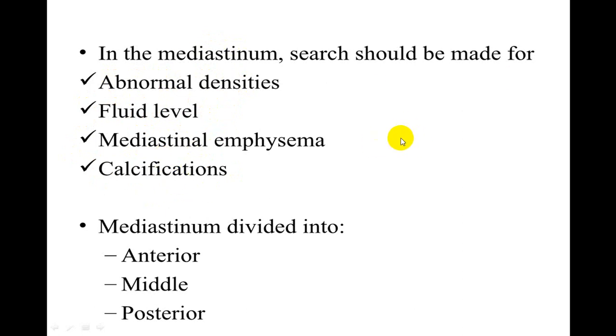And to have a better look and to identify which part or which structure is producing that abnormality, you should have a lateral view, which will divide the mediastinum into anterior, middle and posterior, and above an imaginary line at the level of the sternal angle will be the superior mediastinum.